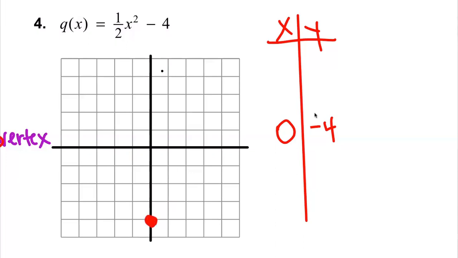Now if you plugged in 1 and -1, it's fine, but we are getting fractions. We would get -3.5 for both of those.